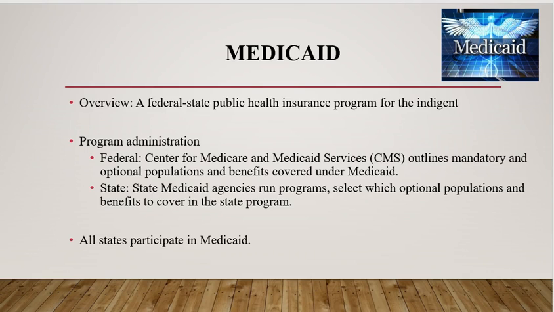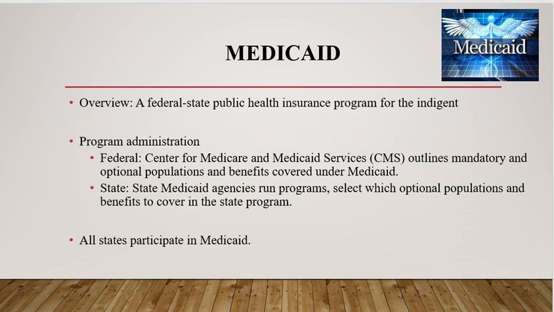The Centers for Medicare and Medicaid Services is the federal agency in charge of administering the Medicaid program. Each state, the District of Columbia, and certain U.S. territories, as defined in the statute, have the option to participate in the Medicaid program, and they all have chosen to do so. Each state has its own Medicaid agency that's responsible for implementing the program in the state.